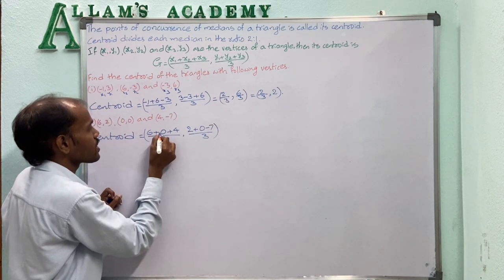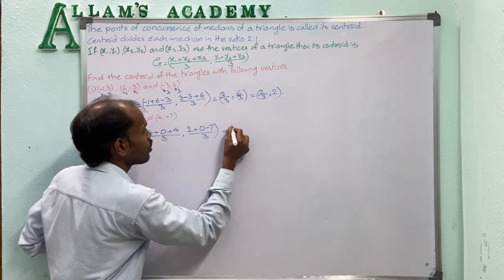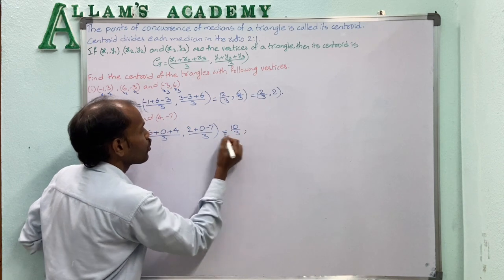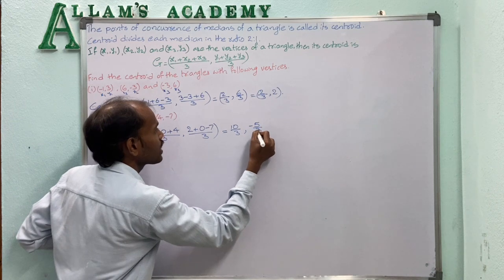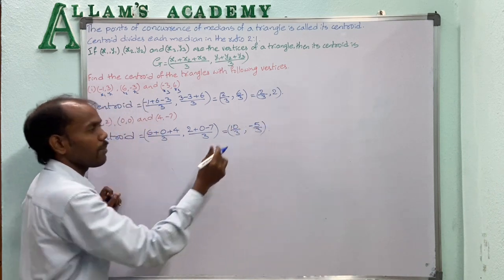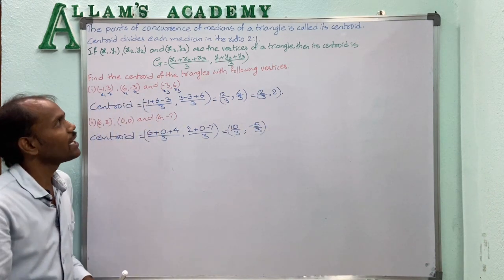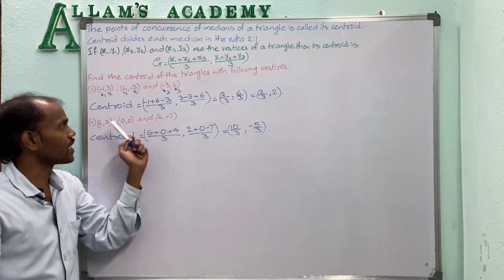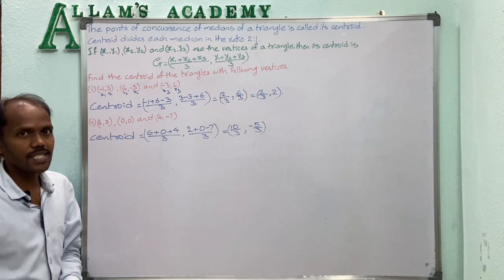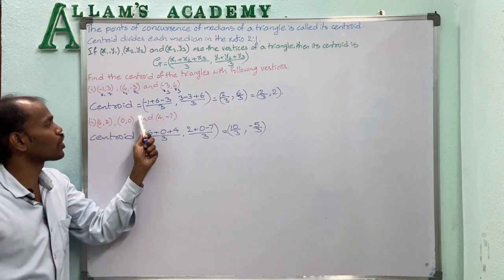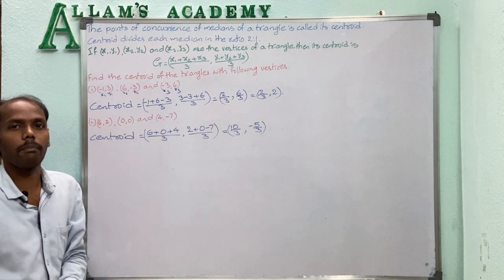So 6 + 0 + 4 is equal to 10 by 3, 2 - 7 is -5 by 3. So (10/3, -5/3) is the centroid of the triangle formed by the vertices (6, 2), (0, 0) and (4, -7).